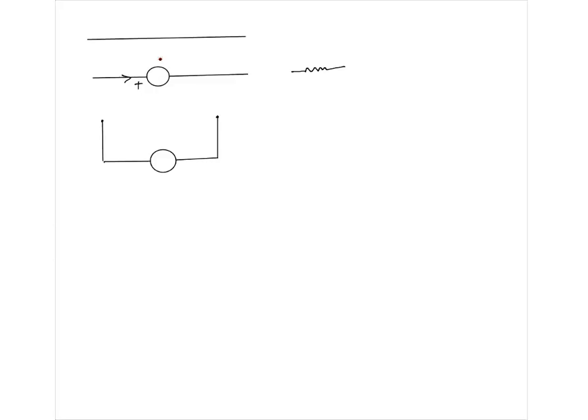Now, for a voltmeter, the story is exactly the opposite. Suppose some resistor was connected here, and we of course want to measure the potential difference across 2 points.